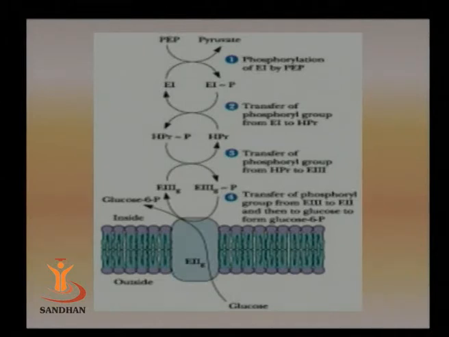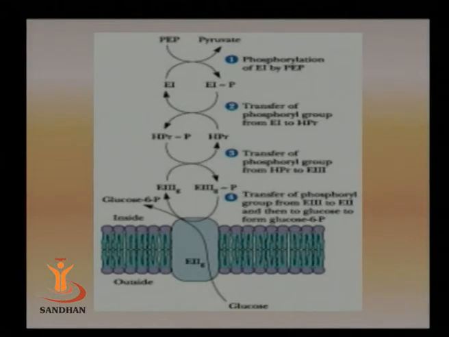So here, as per this diagram, PEP is the main substrate. PEP is converted to pyruvate, phosphoenol pyruvate, and it will donate its phosphate group to E1, enzyme 1, and then one cascade will be formed by which phosphate will travel step by step ahead. So first of all, PEP will donate its phosphate to E1, and E1 will be phosphorylated.